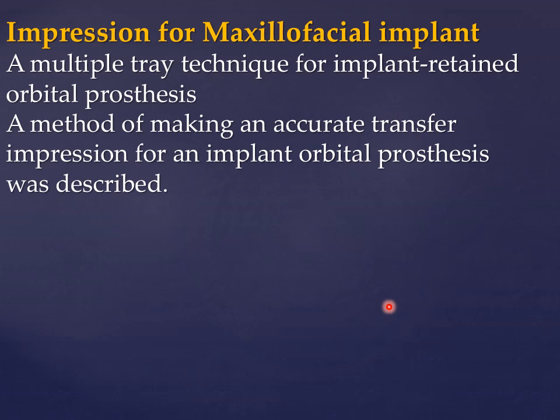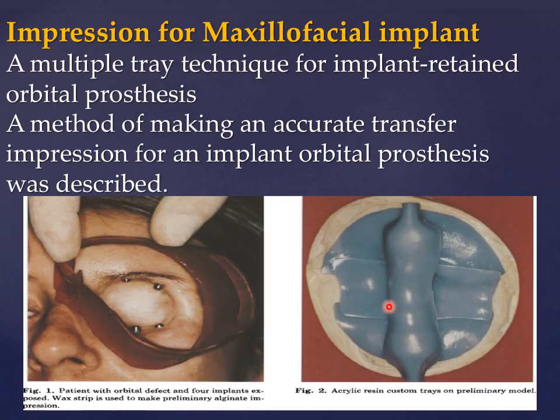Impression for maxillofacial implants: a multiple tray technique for implant retained orbital prostheses and other maxillofacial prostheses can be used. A method of making an accurate transfer impression for an implant orbital prosthesis was described.